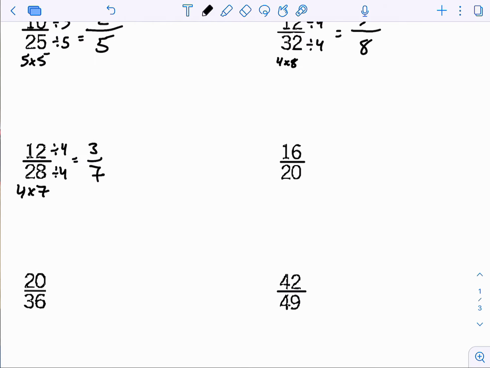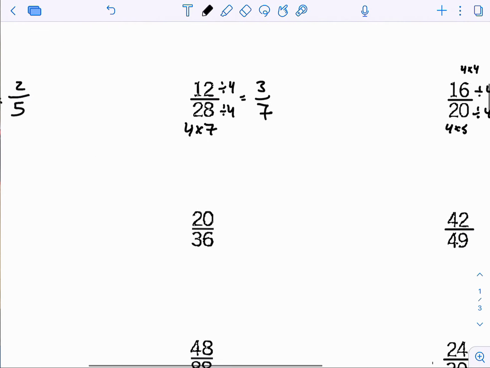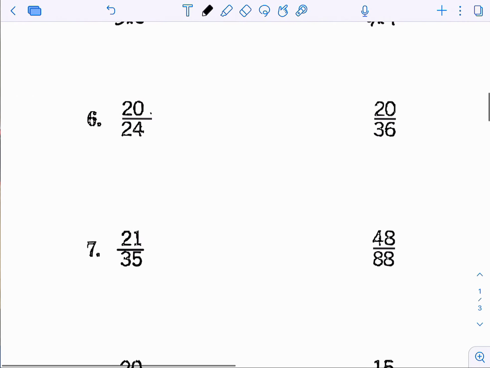Okay, 16 and 20. The one that comes to mind, 4 times 4 is 16. 4 times 5. Okay, divide by 4, divide by 4 is going to give me 4 over 5. 20 and 24, same thing. 24, I think 4 times 6. 4 goes into 20, so we're going to divide by 4.